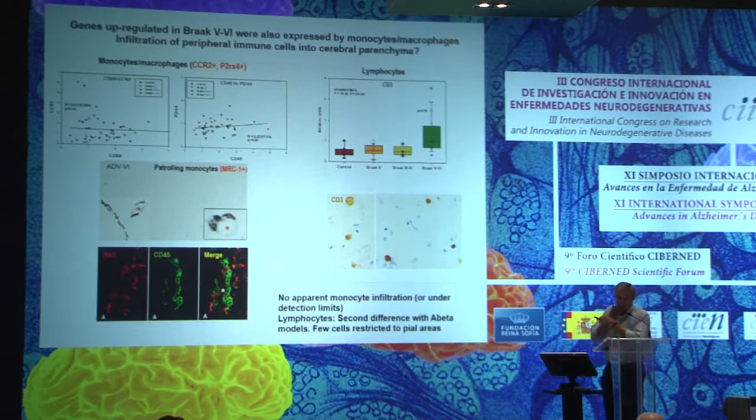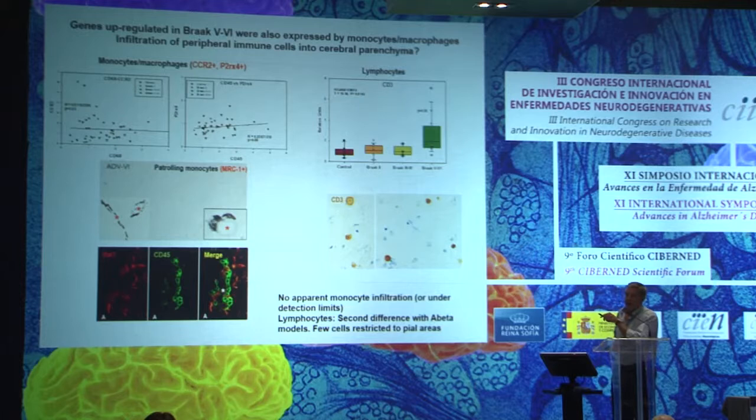Since the increase in the expression of the molecular markers we observe is exactly the same as in monocytes, we wondered whether there is an infiltration of macrophages or even monocytes inside the parenchyma in the BRCA5 or 6 population.